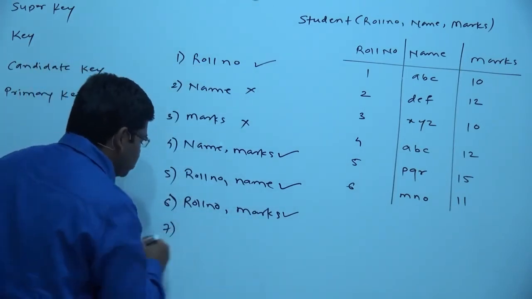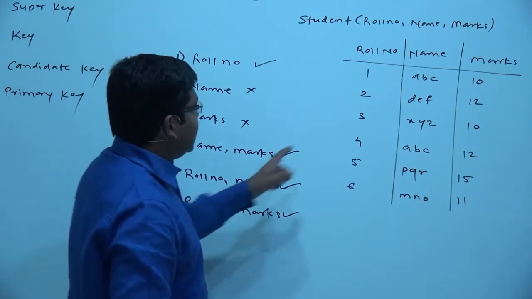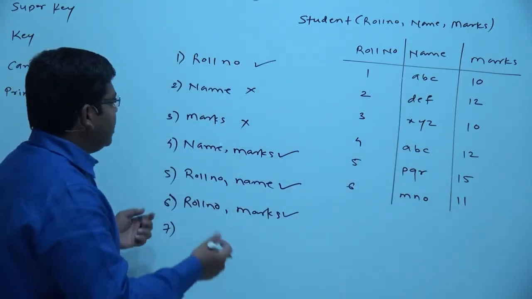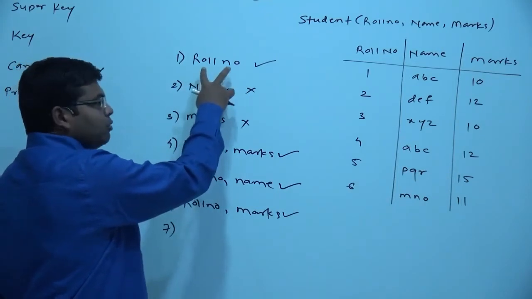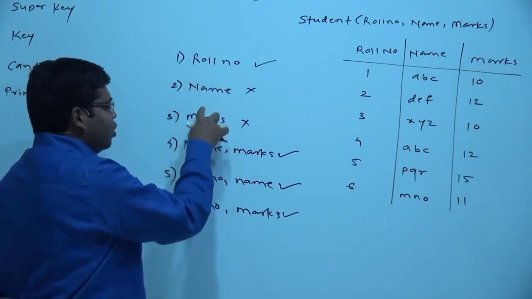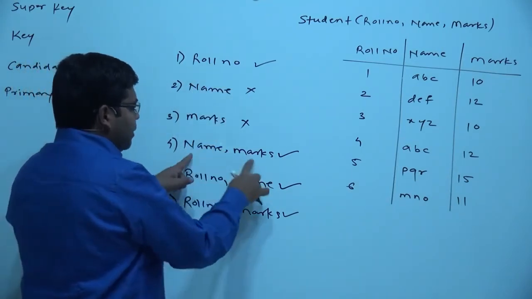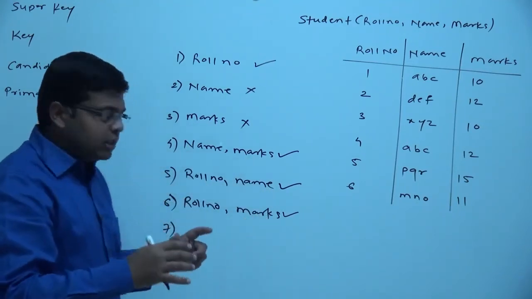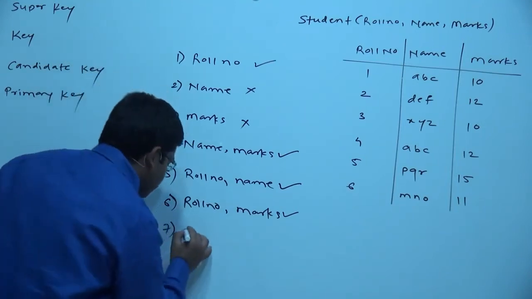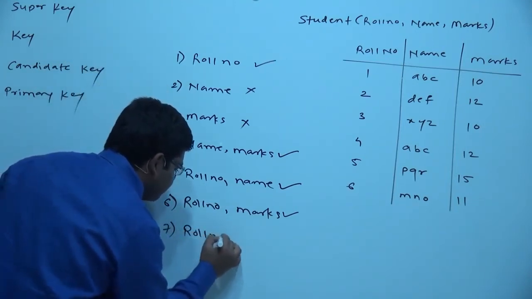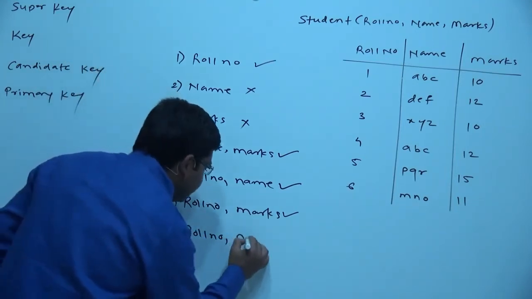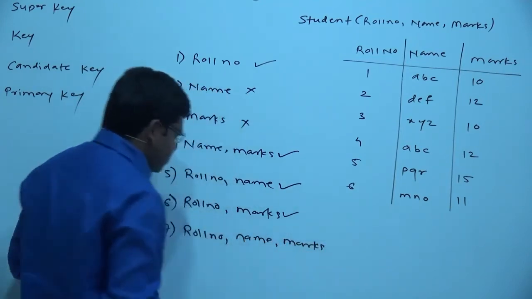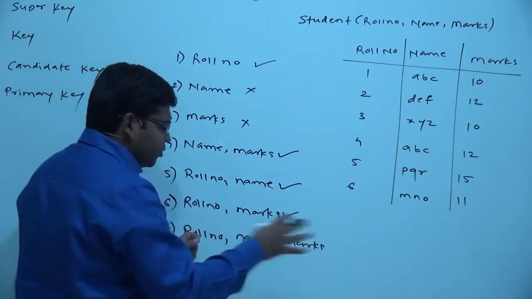Then next combination will be, say, name and marks, which we have tried. Next, we have considered all the columns alone: roll number alone, name alone, marks alone, then name and marks, roll number and name, roll number and marks. Now the only combination which remains to be seen will be roll number, name and marks. Now herein we are considering all the three attributes together.